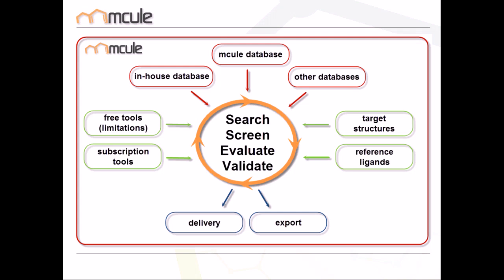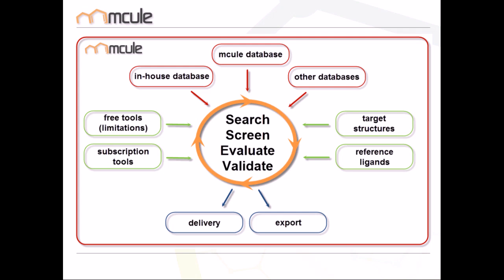So the Mcule database contains millions of purchasable compounds. And we have a very rigorous registration system, so we do a very high quality data curation. Our registration system has many tens of structure checks and normalization steps, so we basically filter out all problematic structures.